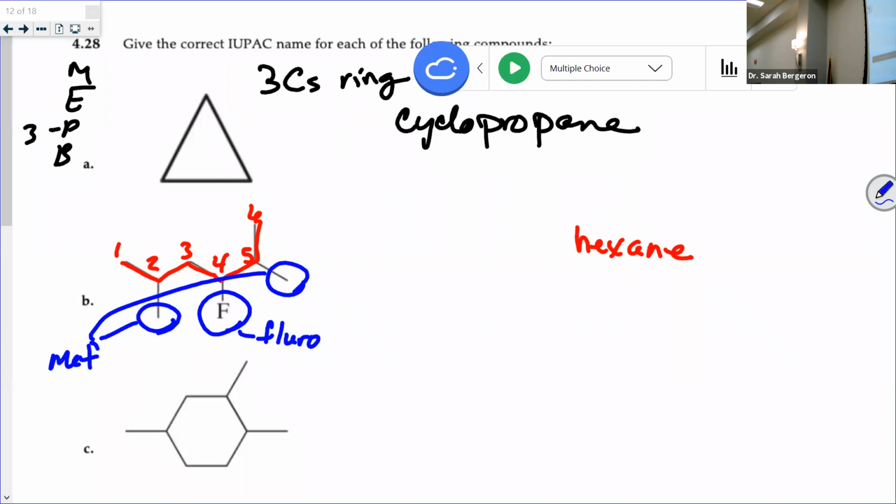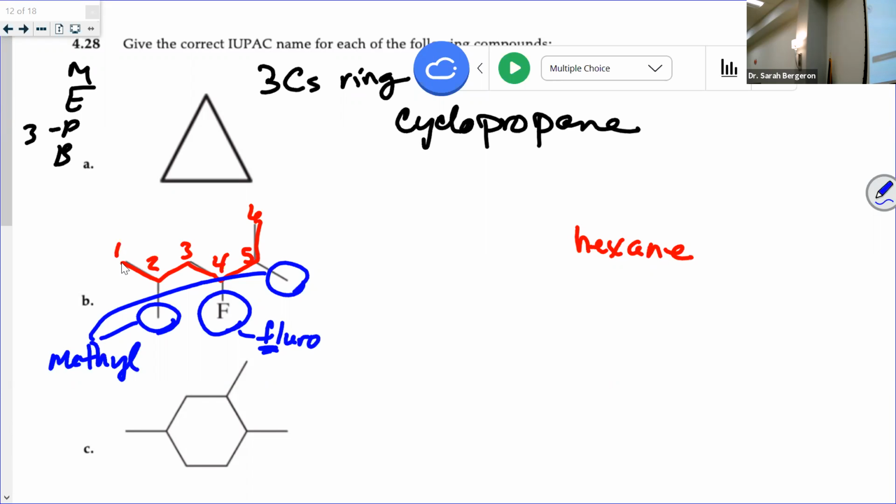These are methyls. So when I write this, I want to write my fluoro first because I need to put my substituents in alphabetical order. So I want to say fluoro something methyl hexane. I don't want to say something methyl something fluorohexane. I want to say the fluoro first.